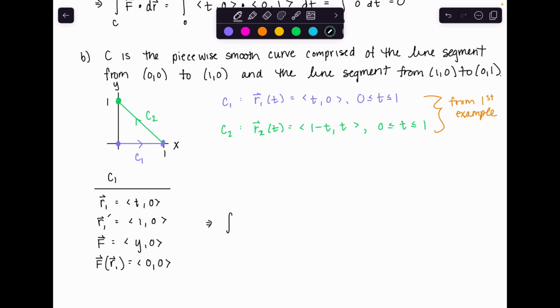So the line integral over C1 of f dot dr1 is the integral from 0 to 1 of 0, 0 dot product with 1, 0. But that's just 0 on the inside, so this line integral is equal to nothing.